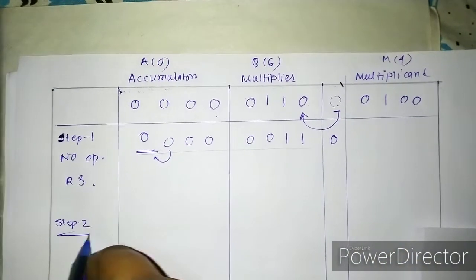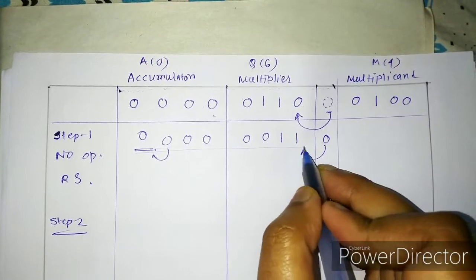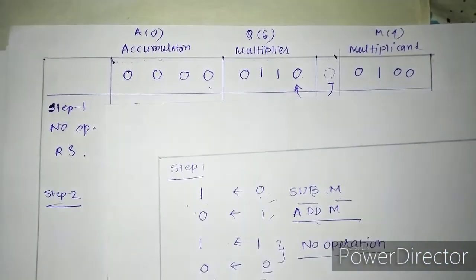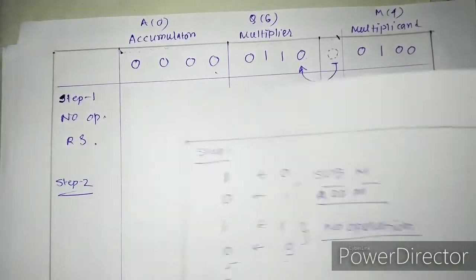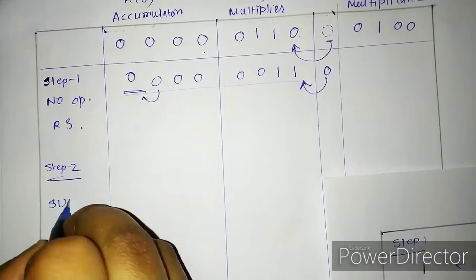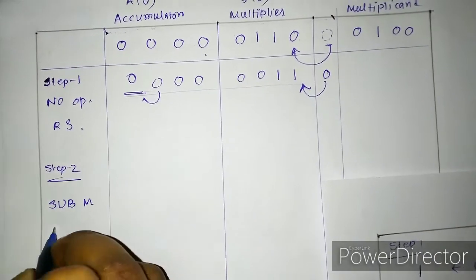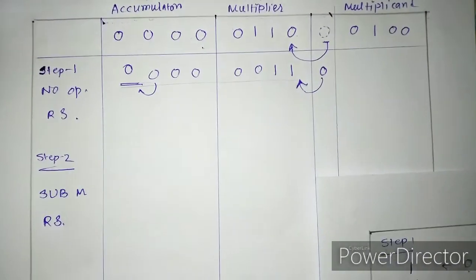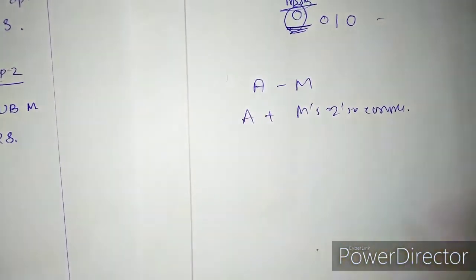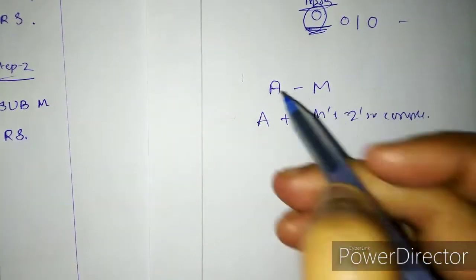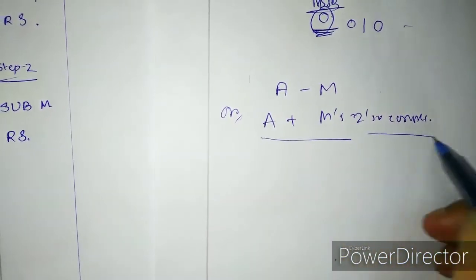Step 2, 0 to 1. When it is 0 to 1, we have to subtract M. Write this: subtract M, then do a right shift. I think I've already told you that if we write a minus M, it is equivalent to a plus M's 2's complement.